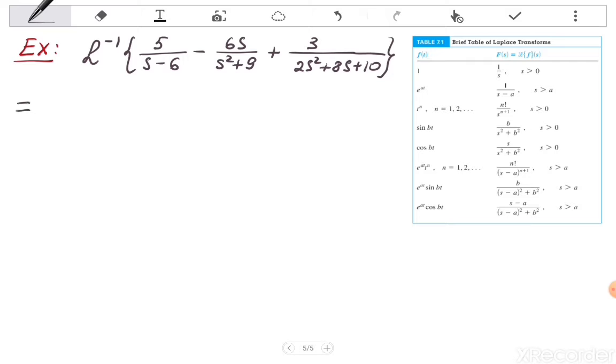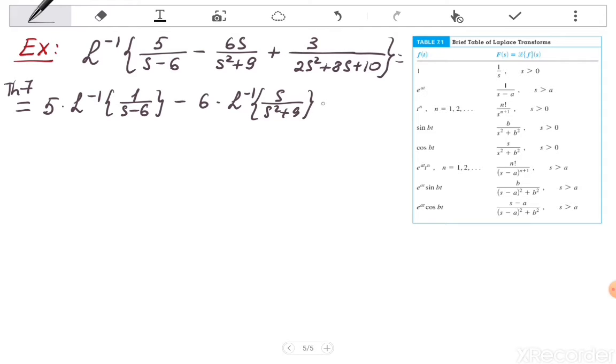So what we do, using the theorem for linearity of the inverse Laplace transform, we can write it as 5 times L inverse of 1 over s minus 6, minus 6 times L inverse of s over s squared plus 9, plus 3 L inverse of, and also let's take out 2 from the denominator, 1 over s squared plus 4s plus 5.